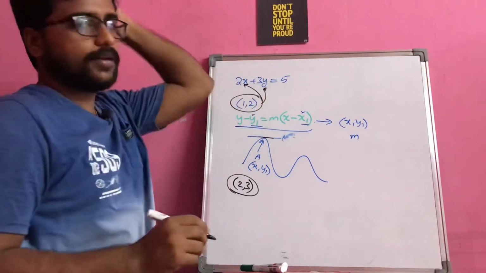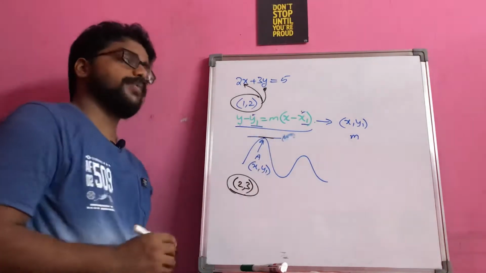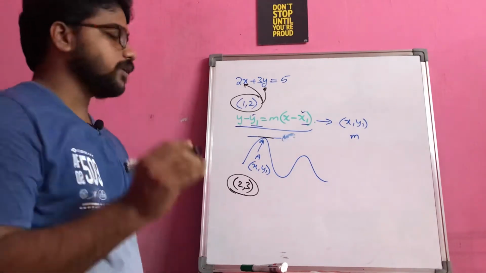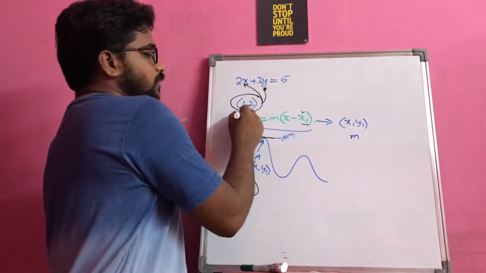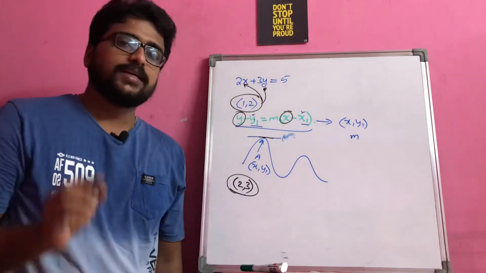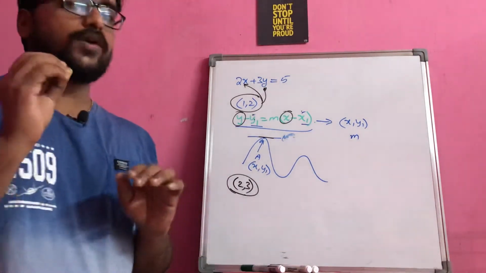In a similar way, even here when they say that the tangent is passing through a particular point (2, 3), you have to substitute the point (2, 3) in place of x and y, not in the place of x1 and y1. So again I am repeating this statement, please try to understand it clearly, a very important concept.